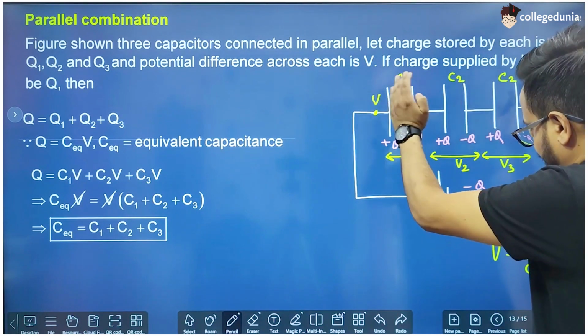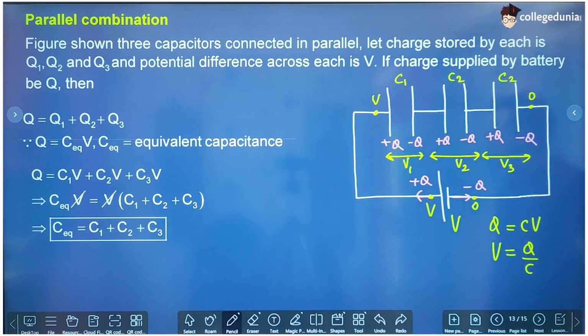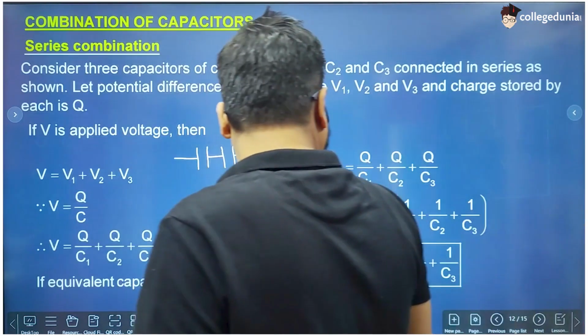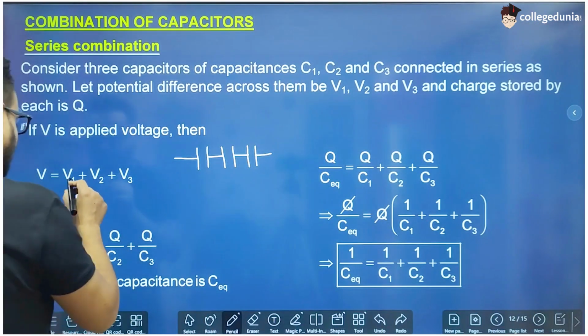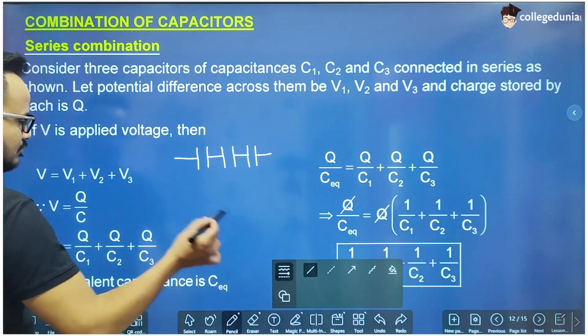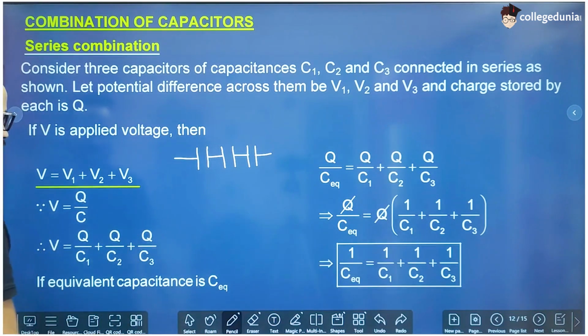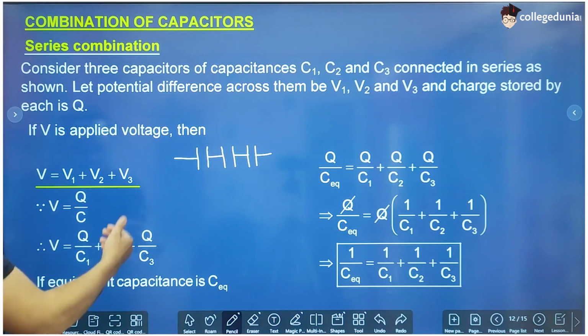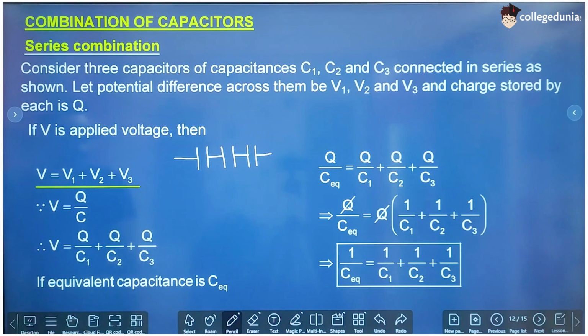So the total potential difference across all these three capacitors is V. So V is V1 plus V2 plus V3, and since V is Q by C, and Q is the same, V is Q by C1 plus Q by C2 plus Q by C3.